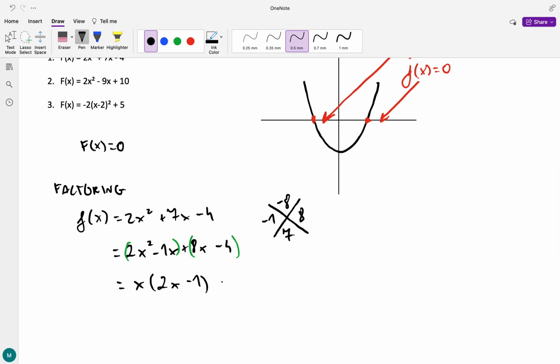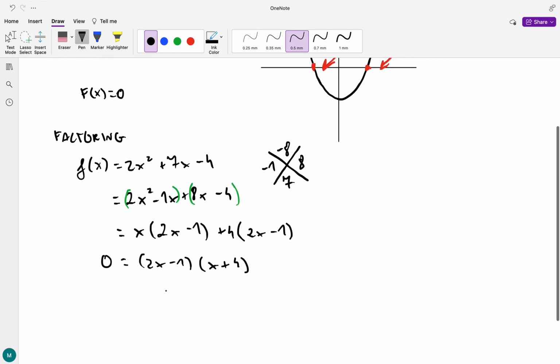From the second one, we can factor out 4, and we're going to be left with 2x minus 1. Let's factor it out again. And we have 2x minus 1 times x plus 4.